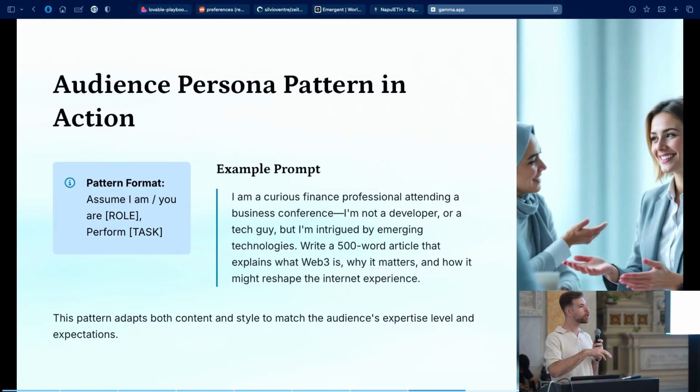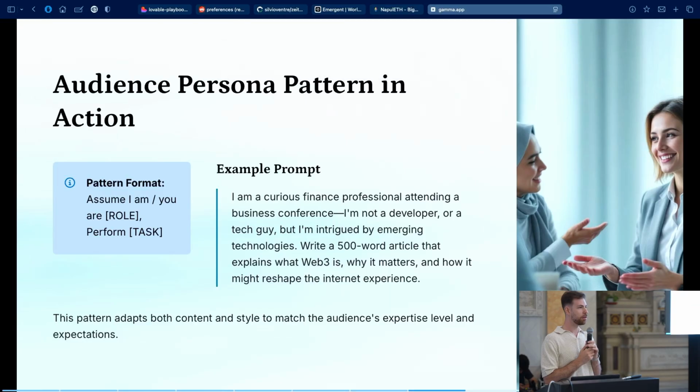We are going into all the patterns that I explained just before. The first one is the audience persona pattern, which is maybe one of the most useful patterns that you can use in your daily routine, even at work, even at home.